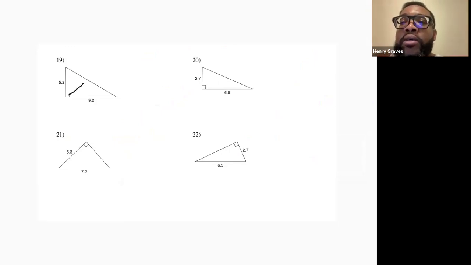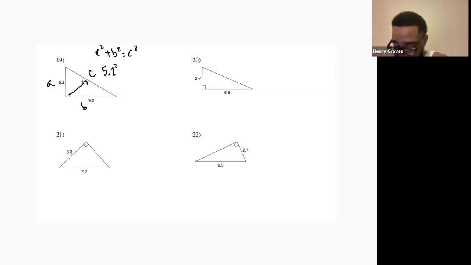Okay, so A squared plus B squared equals C squared. 5.2 squared plus 9.2 squared is equal to C squared. 5.2 to the second power is 27.04. Plus 9.2 to the second power is 84.64. We'll add those numbers together.